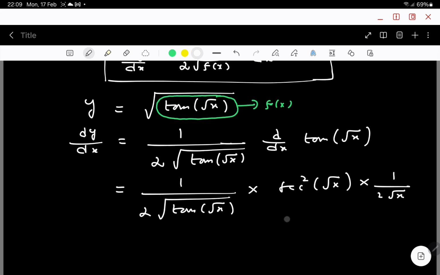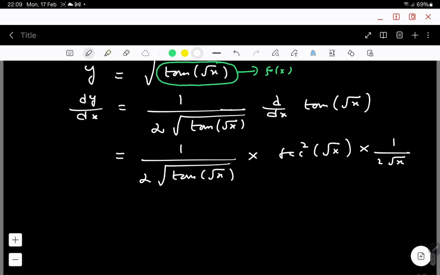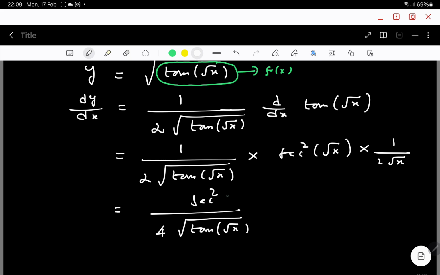I am writing directly, I am skipping one step. 2 2's are 4, so we get 4 into tan root x, into secant square root x into root x. I am writing here. That's all.